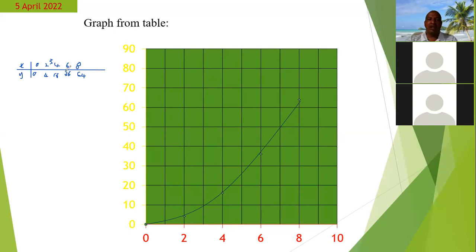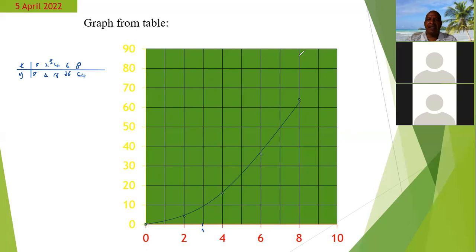Now we can use a curve to determine what the value for 3 would be. We look at the x-axis, where for this scale we are going up by 2. So if we go to the middle of 2 and 4, we would have 3.